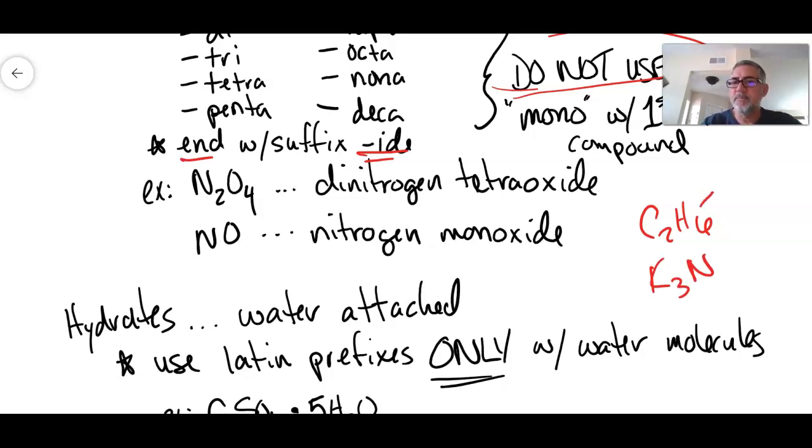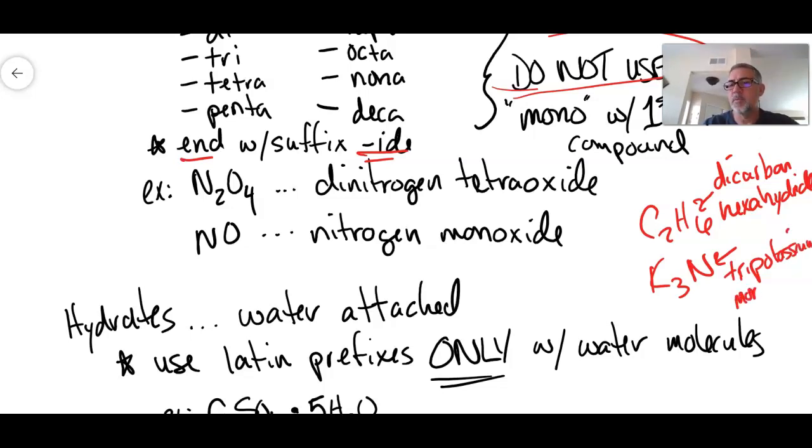And for this one, you'll write dicarbon hexahydride, and then you'll see this right under it, and you'll go, oh, okay, so that is tripotassium mononitride, right?